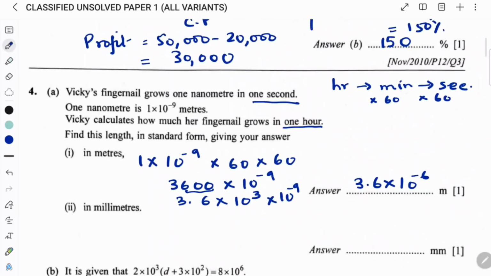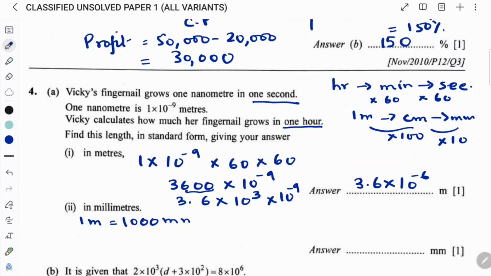Okay, in millimeters, we know that 1 meter is 1000 millimeters. You know why? Because 1 meter is 100 centimeters. Meters to centimeters to millimeters, you multiply by 100 and then you multiply by 10, so altogether you are multiplying by 1000. Okay, so 1 meter is 1000 millimeters.